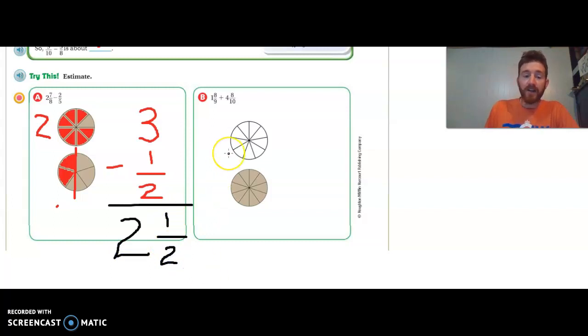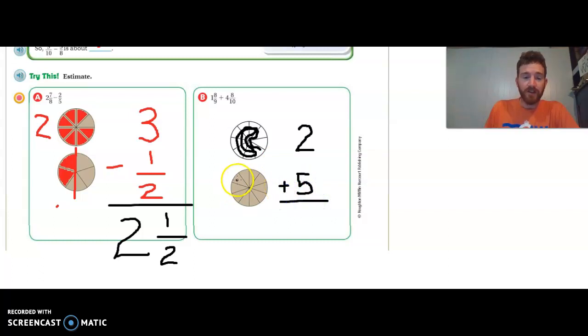Okay. The other ones here we are going to add. Now notice this here, if we have 1 8/9, I'm going to round that up to 2 whole parts. So I have 1 whole plus 8/9, almost all of the ninths. Again, would be like all of this except for 1. I'm going to do this quick because I'm running out of time. And then 4 8/10, well, that's 4 plus almost a whole another 1 would be like 5. Okay, so I'm going to say that's like 2 plus 5.